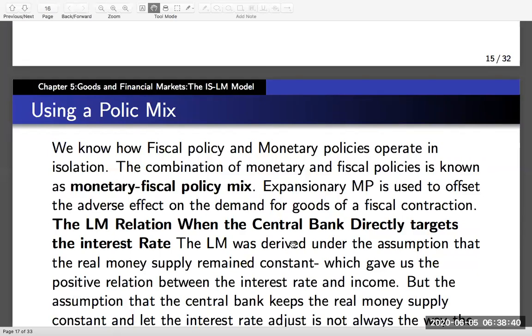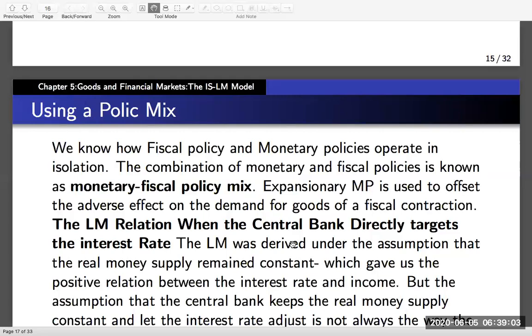Now remember, if you increase government spending, the interest rate goes up. But if at the same time we increase money supply, LM shifts to the right and the interest rate falls. So you can increase government spending and increase money supply, increase output and hold the interest rate constant.